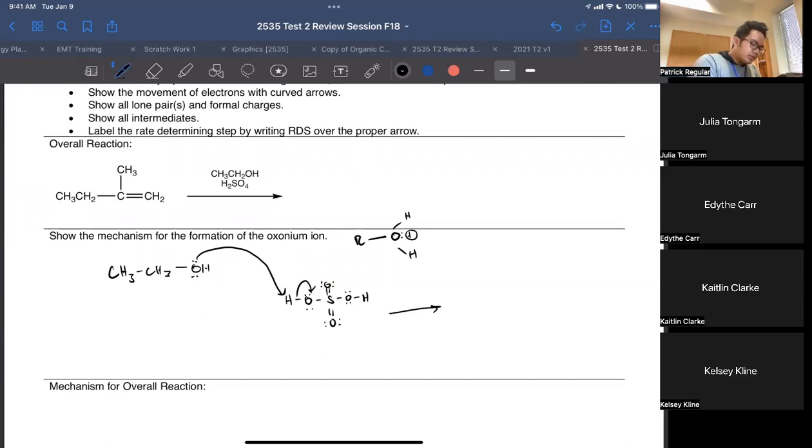And this is the one step you have: CH3, CH2, oh, that's supposed to be 2, O, H, H. Don't forget, whenever you draw mechanisms, you have to draw every single lone pair and make sure you have formal charges. It's super important because the point of the mechanism is to show that you know what's happening. Then you have your residual counter ion.